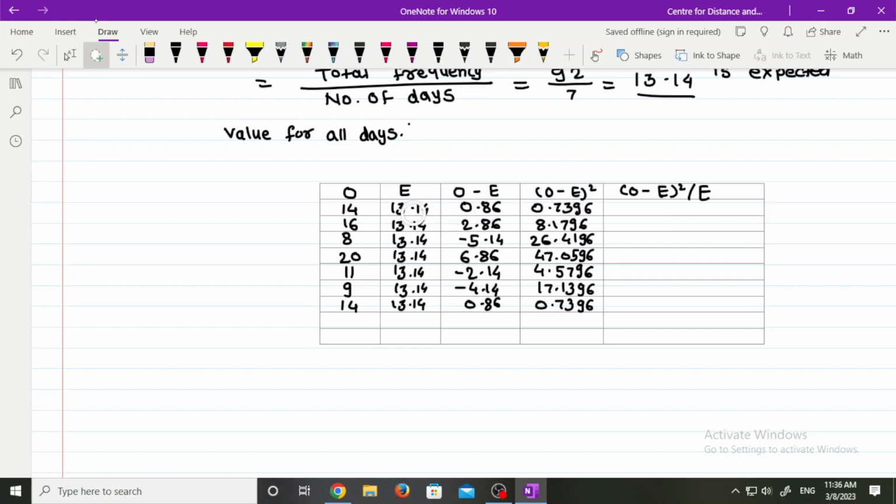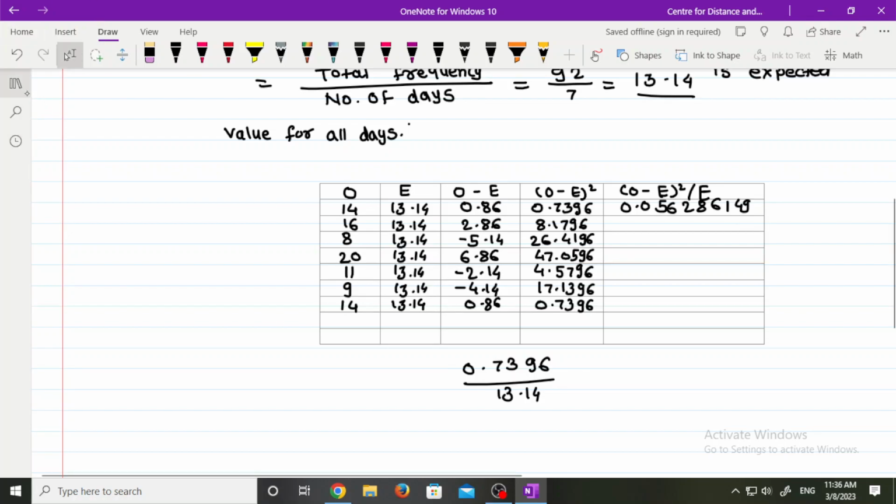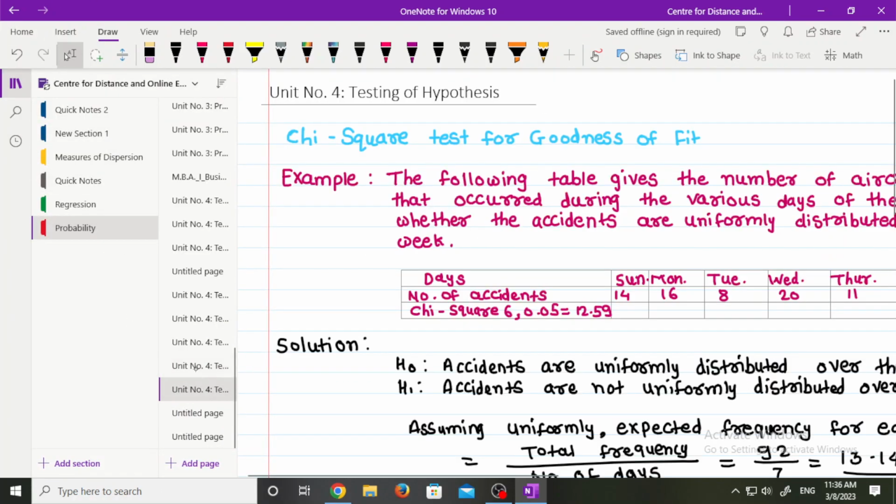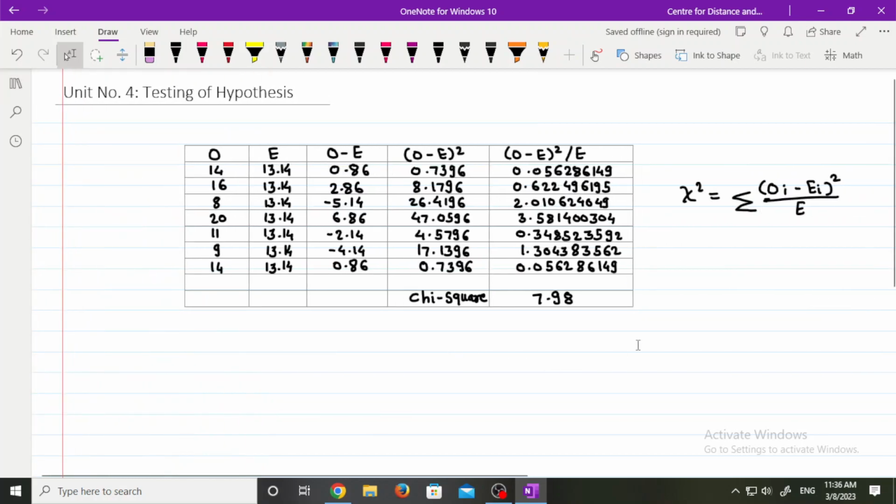And after this we have to calculate O minus E bracket square divided by E, that is, for the first we divide 0.7396 by 13.14. Then here we get 0.056286149.